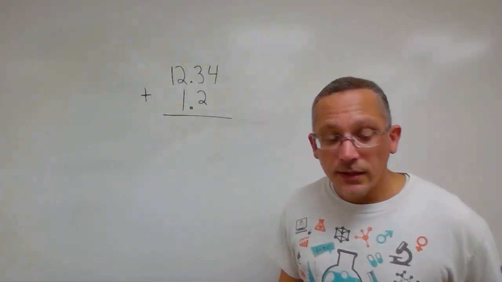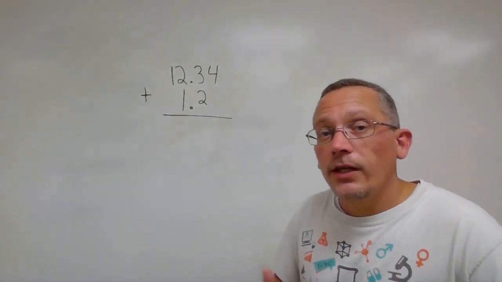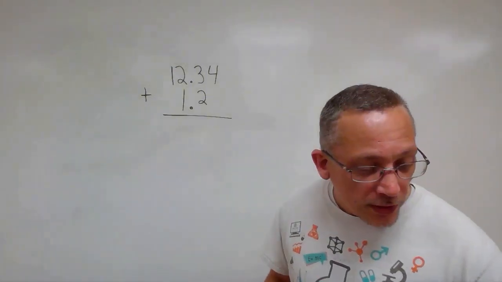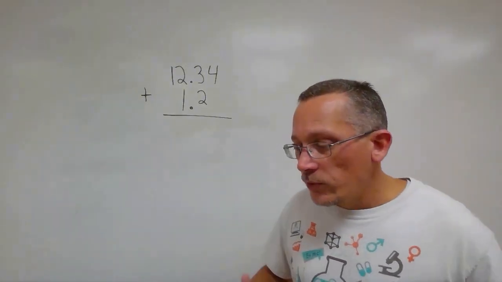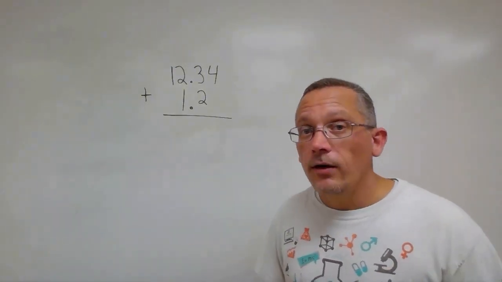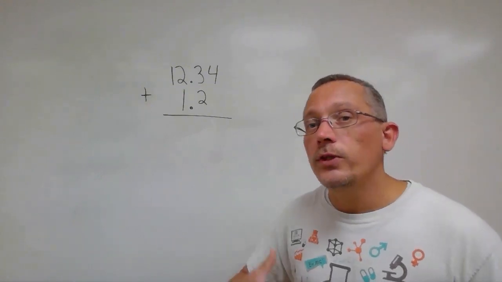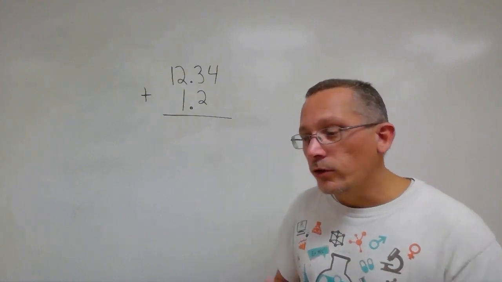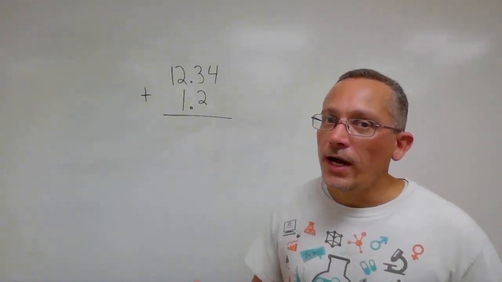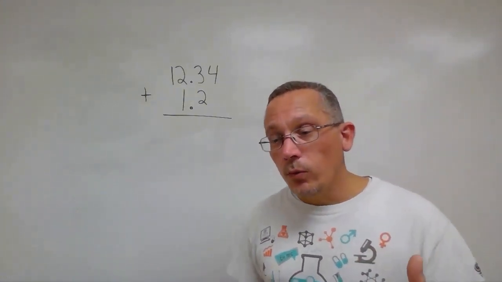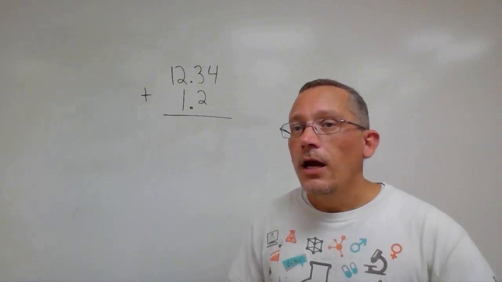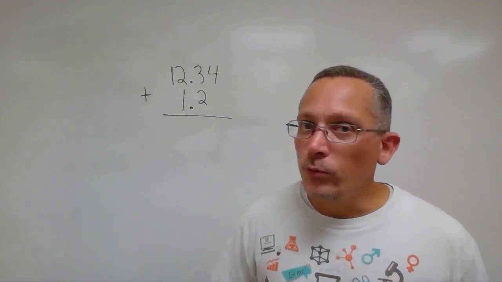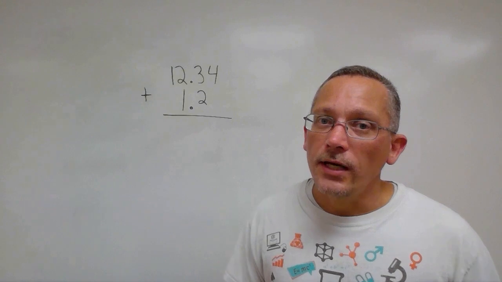Okay, now that we know how to determine which digits are significant and which aren't, we're going to need to use this as we go forward in class to keep track of the precision of our measurements as we do calculations. So if we're going to add, subtract, multiply, or divide, how do we keep track of that precision? Because when I do a calculation, my answer can't be any more precise than the numbers and measurements that I started off with.